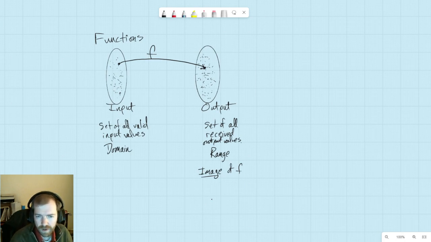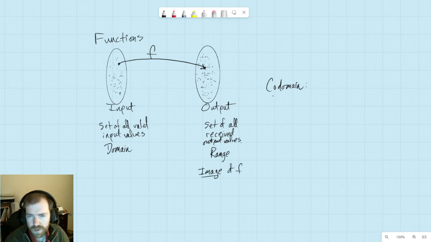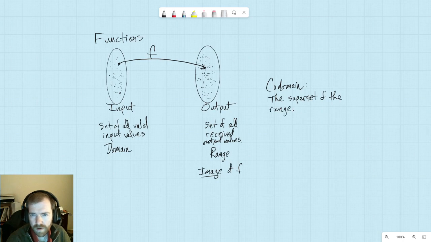There's also another thing called the codomain, which is, technically we could call this a superset of the range, in which the function has been restricted to fall.